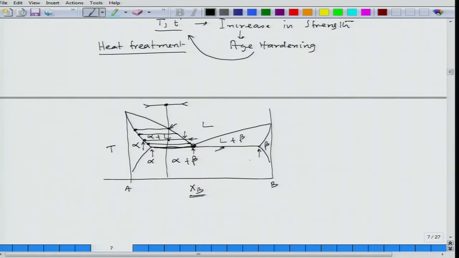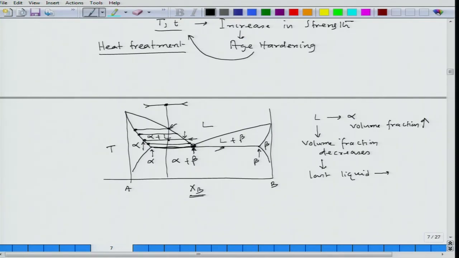So the liquid will start getting alpha, the alpha volume fraction increases, the liquid volume fraction decreases, and then the last liquid will achieve the eutectic composition.